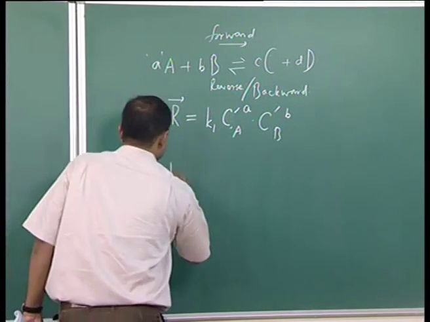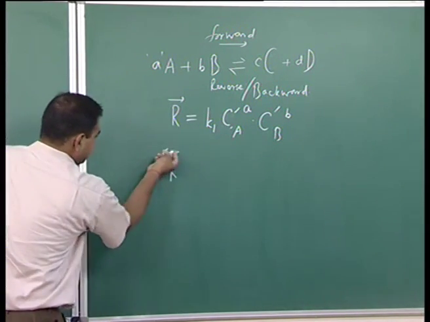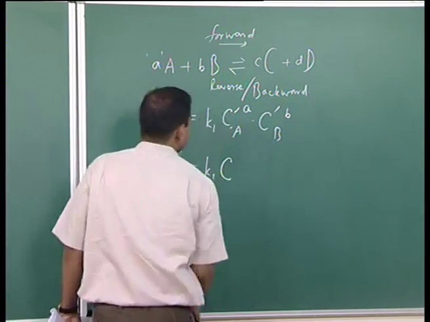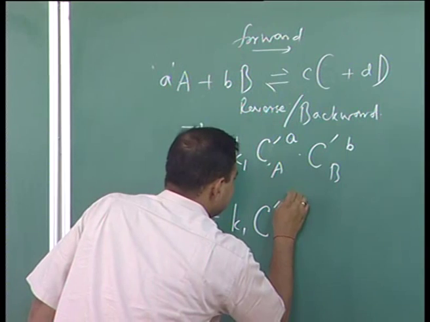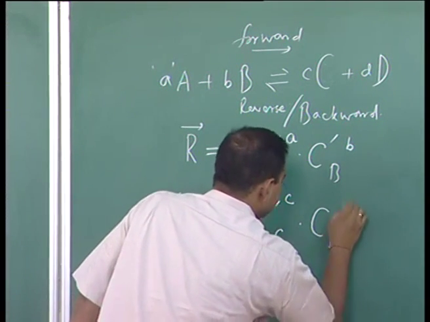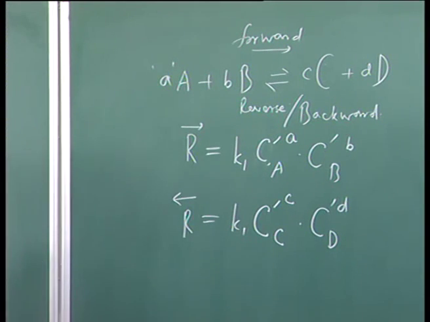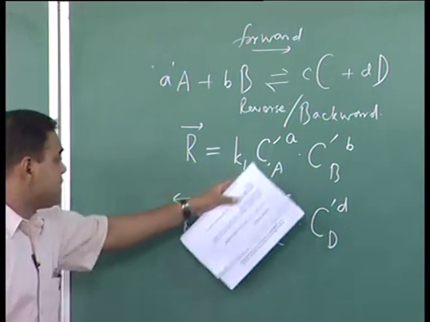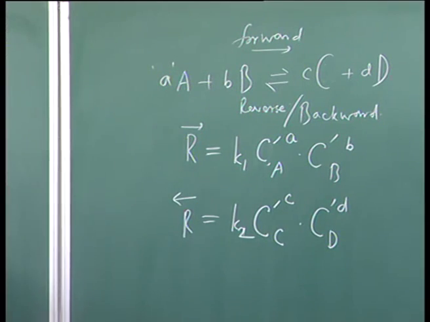In the same way, the reverse reaction, which is given by the reverse arrow, can be written as K2 concentration of capital C to the power small c into concentration of capital D to the power small d. K1 and K2 are rate constants.